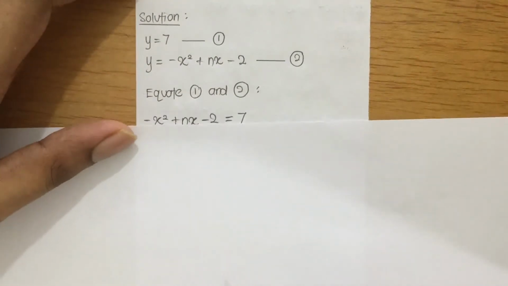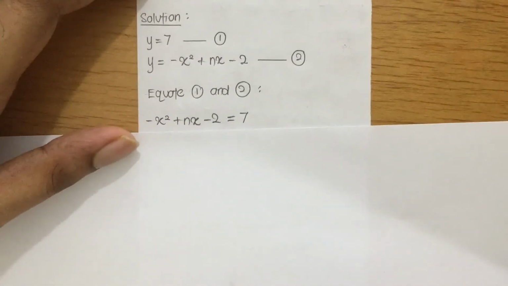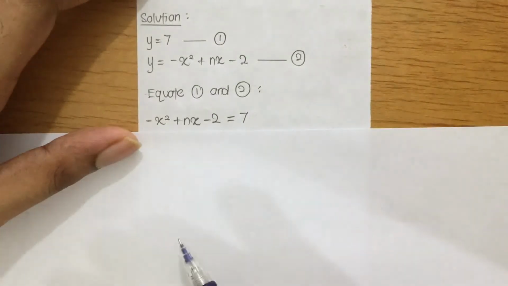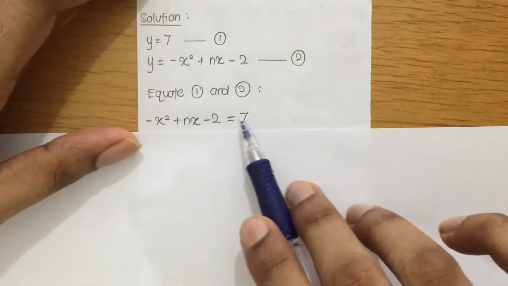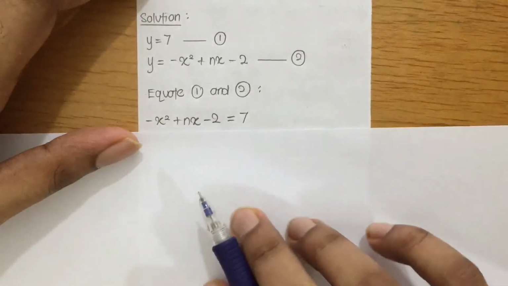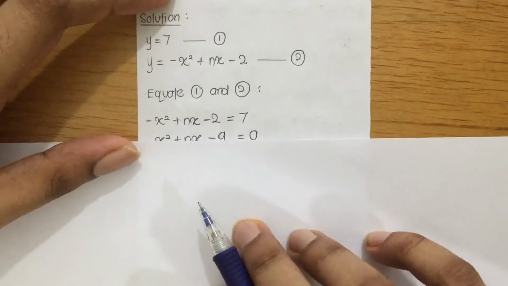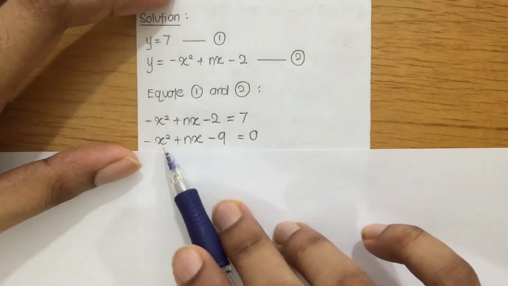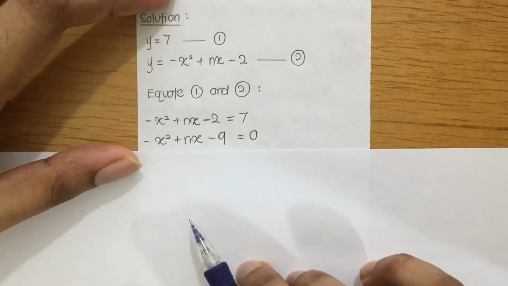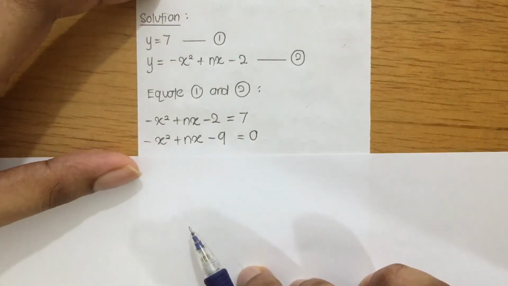So from here, negative x squared plus nx minus 2 equals to 7. So this 7 from the right hand side, you move it over to the left hand side. So from here you get negative x squared plus nx minus 9 equals to 0.